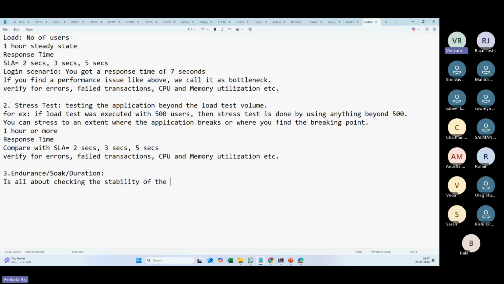Do you remember the three terms that we discussed? Speed, stability. Speed, I already mapped to load test. Stability, I'm mapping to endurance test.